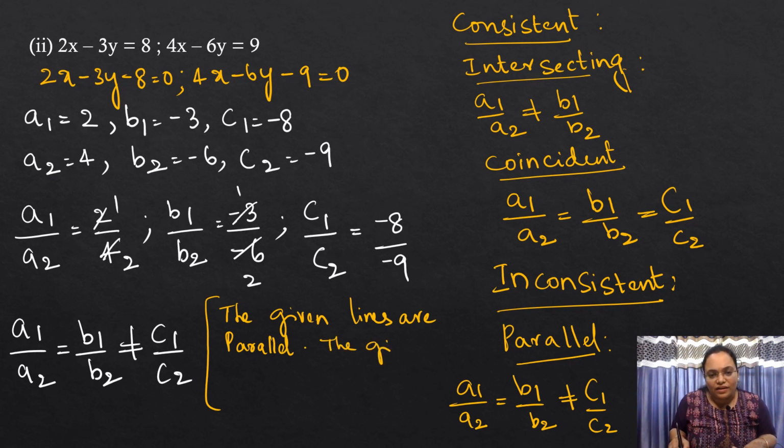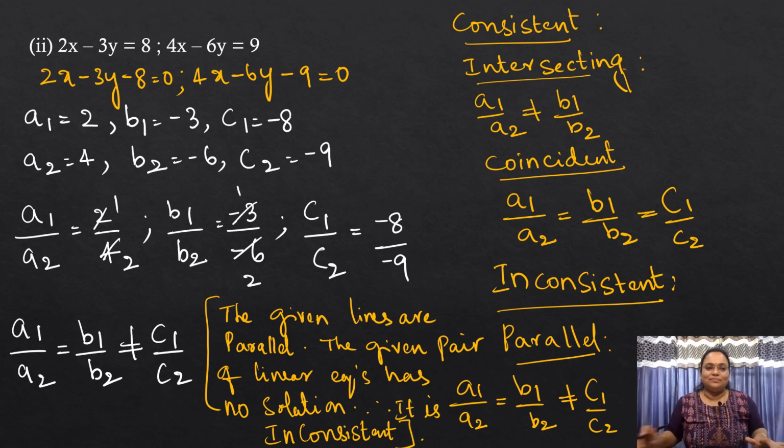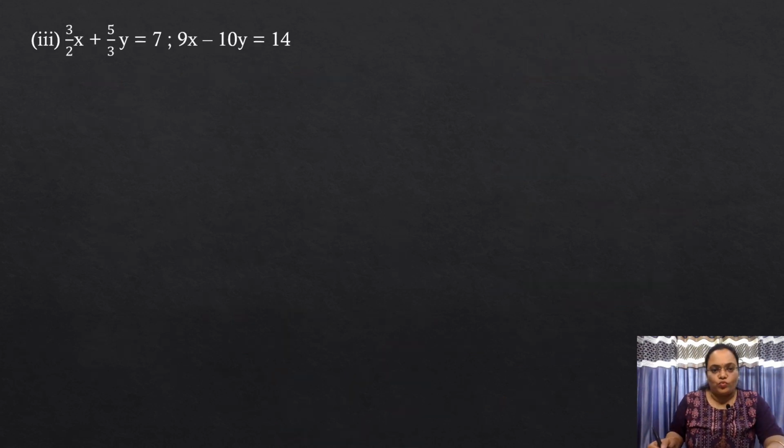The given pair of linear equations has no solution. Therefore, it is inconsistent. Okay, clear? Now let us see the next one.